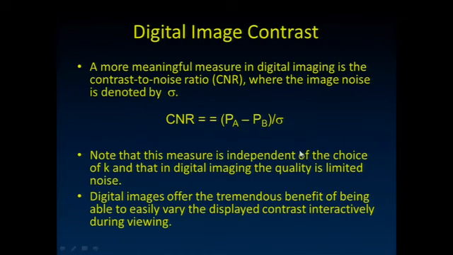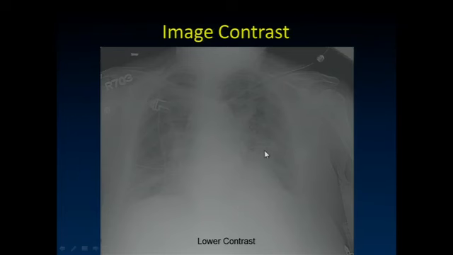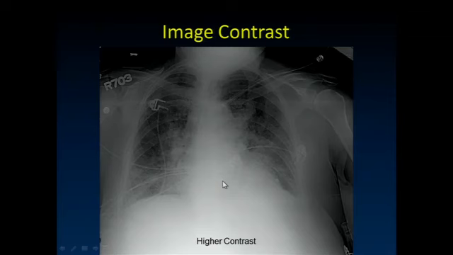And so I just wanted to say that it's a little bit different in digital. But conceptually, we all have a really good idea of what a low contrast versus a high contrast image is. And one of the nice things is, at the PACS, we can adjust the contrast as well. We can't adjust it to the same degree that the tech could by changing that constant K. Remember, that's something that the tech did before they sent the image to you.